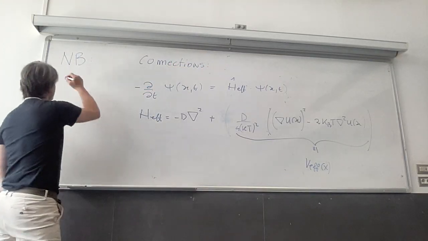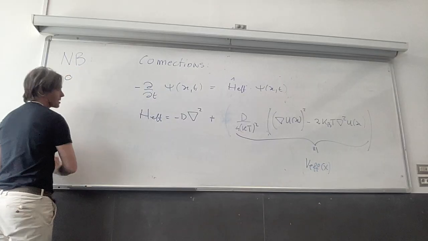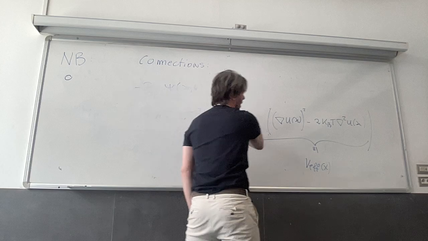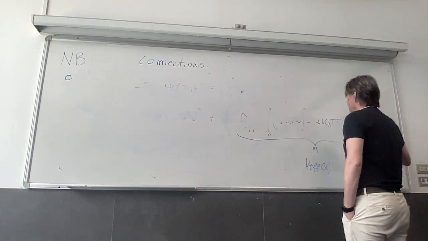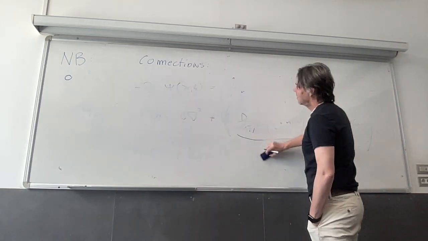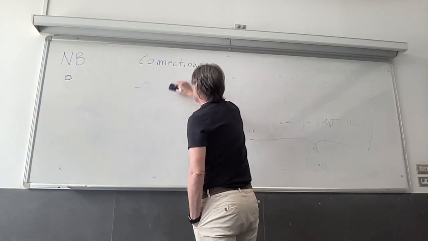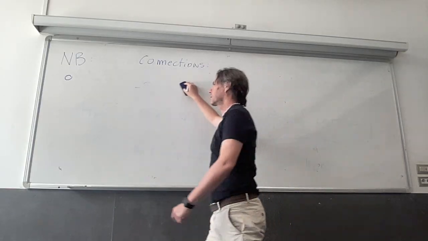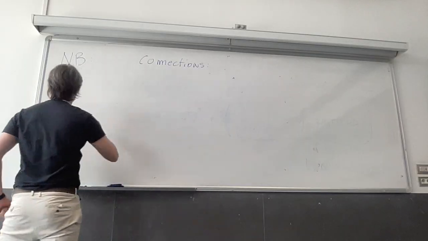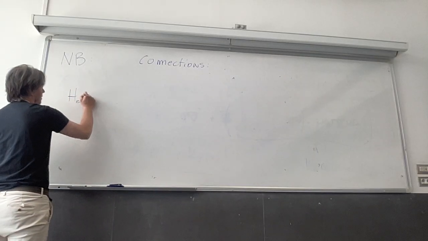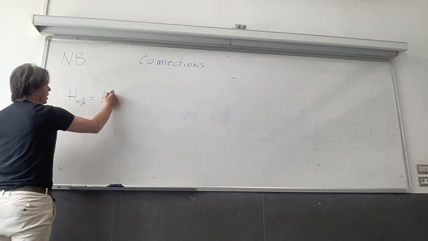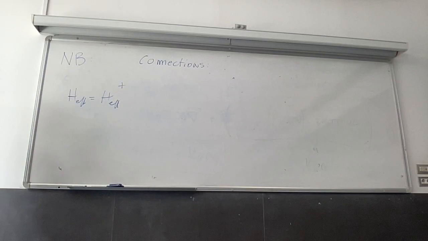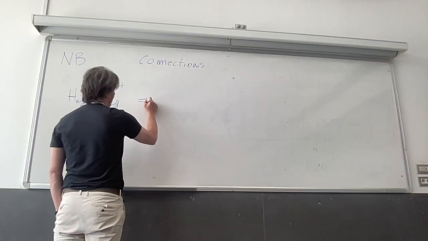So this means that, let me clear up here so that I can write a string of information without having to sneak in through formula. So the fact that H effective equals H effective dagger implies a number of things.